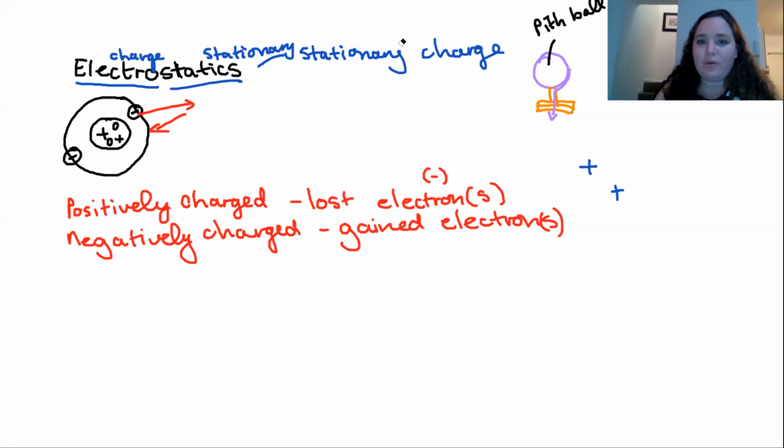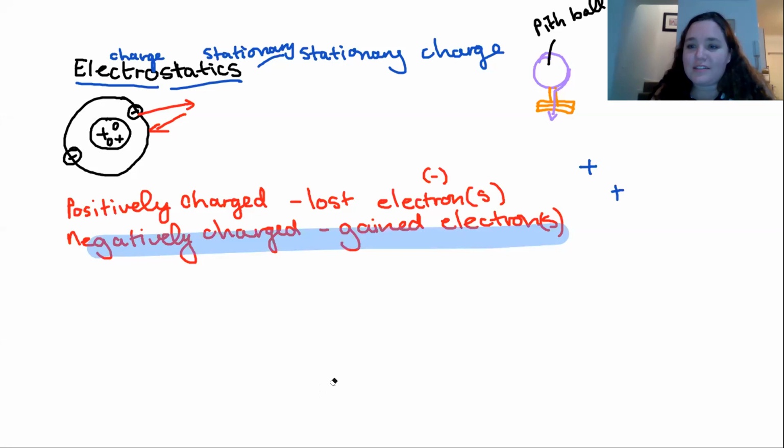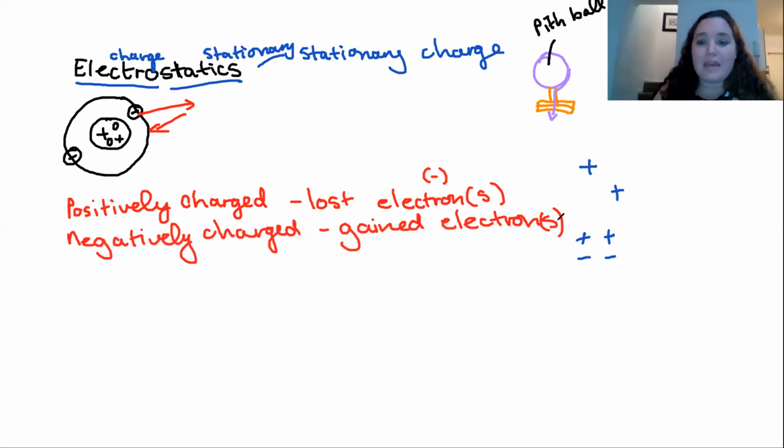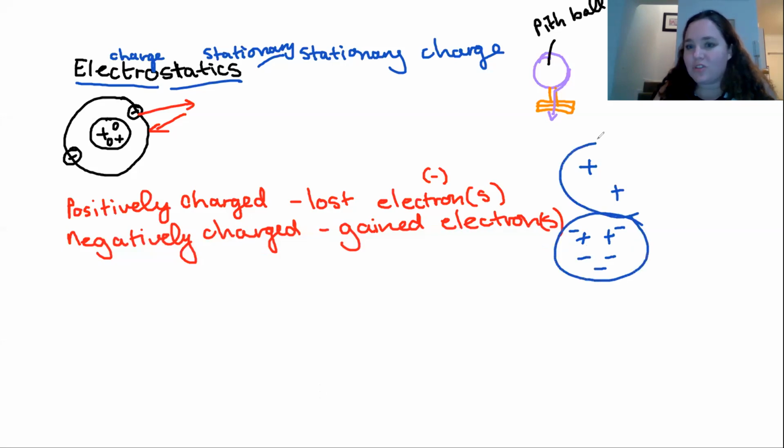Did everybody manage to see that? It was neutral. We removed 2 electrons, and that caused us to end up with something positive. If we have something neutrally charged and we want to make it negatively charged, we can gain more electrons and it will now have a negative charge.